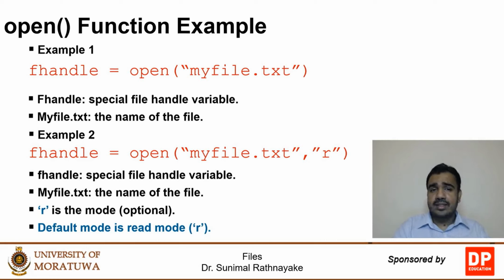In the first open example, we have only given our file name as the input parameter to the open function. If we do not specify a file opening mode like shown in example 1, Python automatically assumes that we are opening the file for reading. In the second open example, we have explicitly specified 'r' as the file opening mode in addition to specifying the file name. Therefore, the file will be opened in the read mode. Essentially, both example 1 and 2 open the same file named myfile.txt in the read mode.